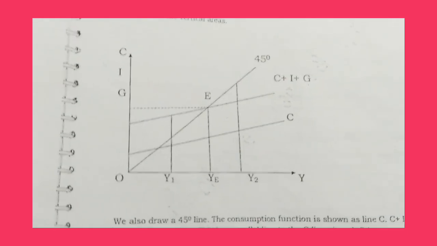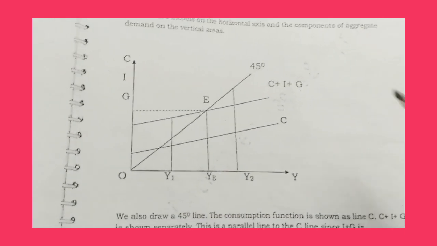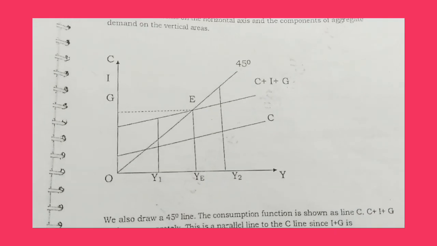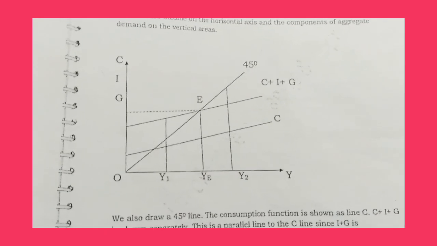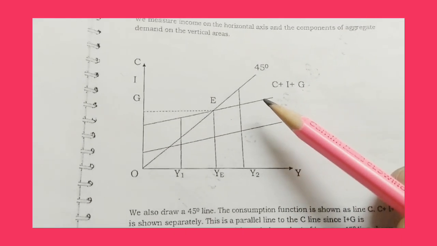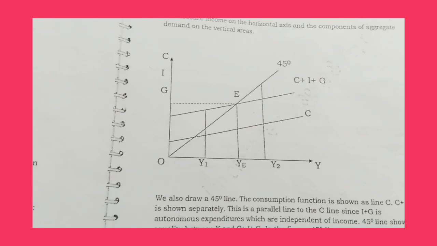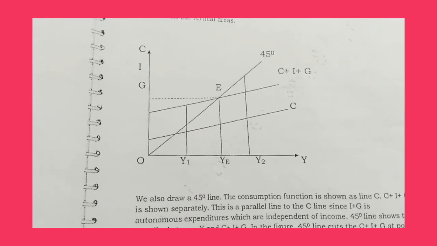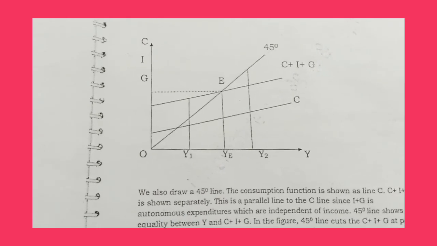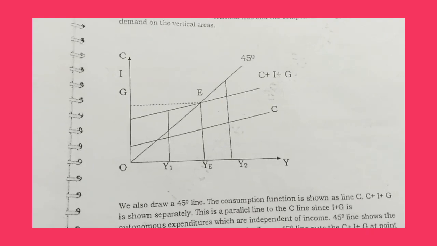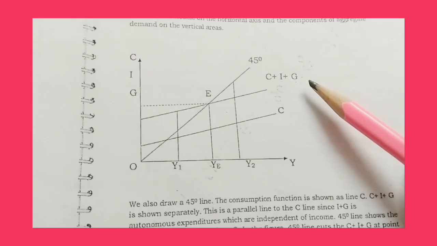The consumption function shows the line C, and the line C plus I plus G is shown separately. This is parallel to the C line. The I plus G is autonomous expenditure, which is independent of income. The 45-degree line shows the equality between Y and C plus I plus G.